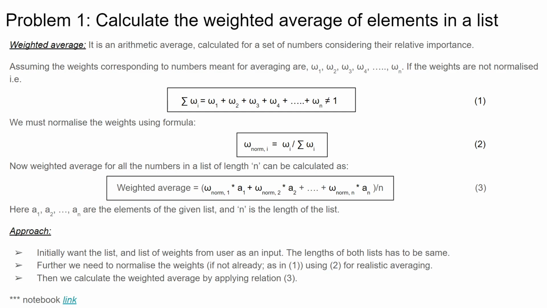So first of all, what is weighted average? Let us say you have a list that has four numbers, maybe 1, 2, 3, 4, and I just want to say that some of the numbers are more important than others. Let us say I want to say that 4 is more important, and the effect of 4 should appear more prominently in the average.